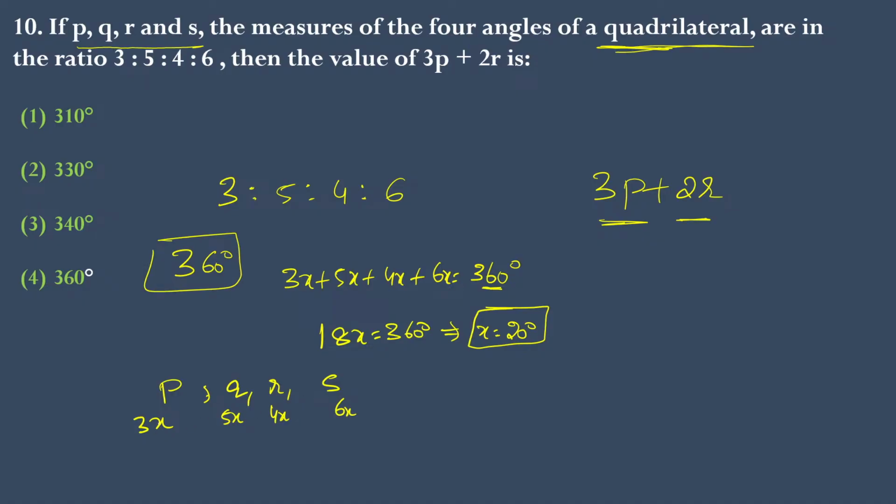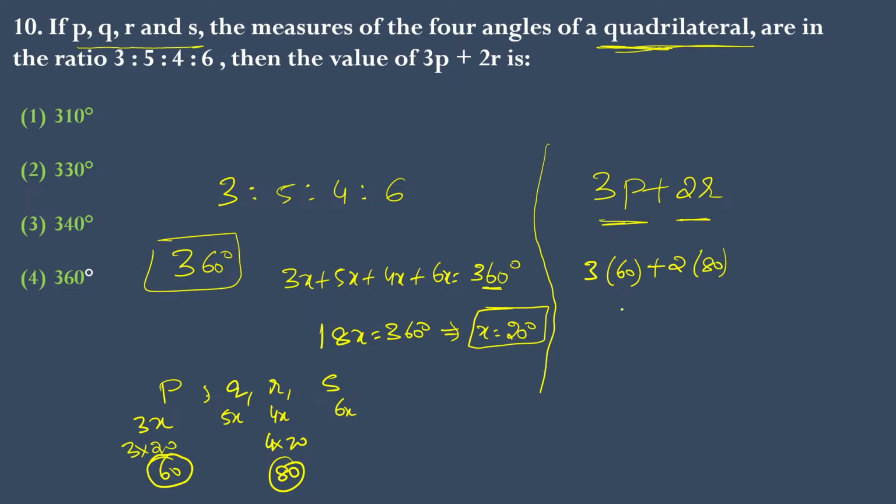So we need to find 3P plus 2R. P is equal to 3 into x, x is equal to 20, so 3 into 20 we get 60. P is equal to 60. R is equal to 4x, 4 into 20, so we get 80. P is equal to 60, R is equal to 80.